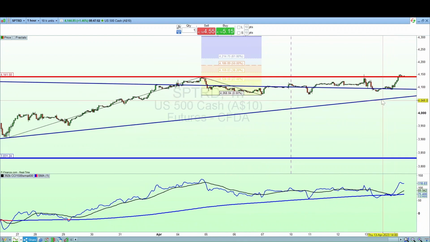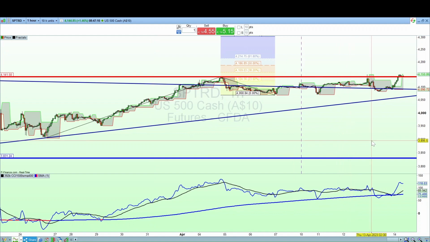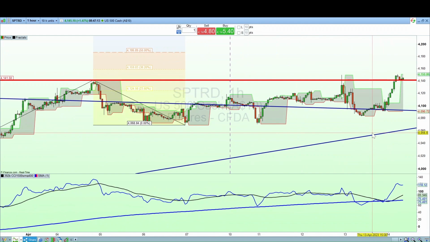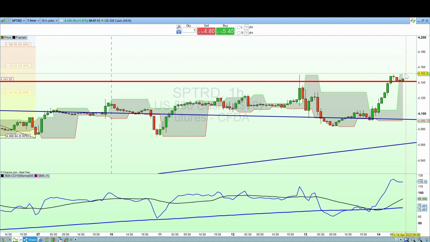Now, in terms of trading ideas, if it does continue to go higher, again, I only trade in the direction of the overall trend. So in this case, we're taking long trades only. Drilling down, I've just inserted some fractals here, and so if it breaks higher, once it breaks above that fractal, it might be a good opportunity to go long.